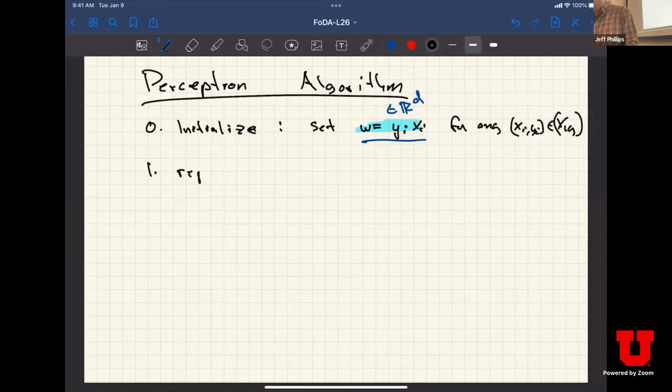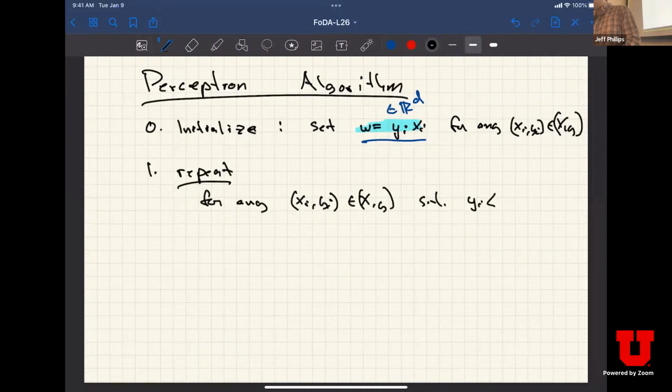The rest of it is just going to repeat some updates. I'm going to say, for any xi, yi in the data such that yi xi w is less than 0, this means it's misclassified.